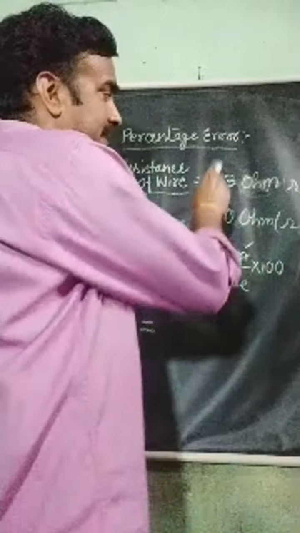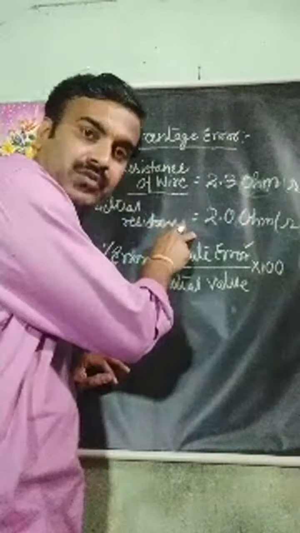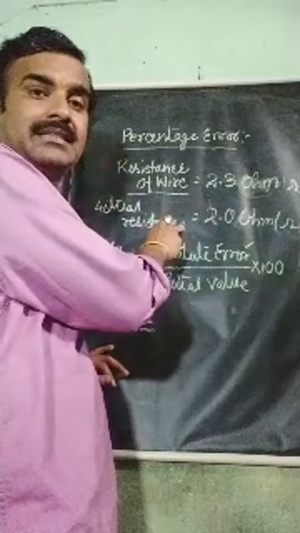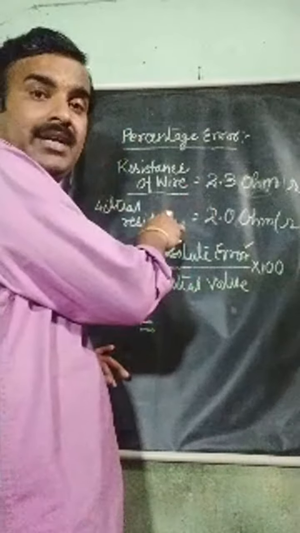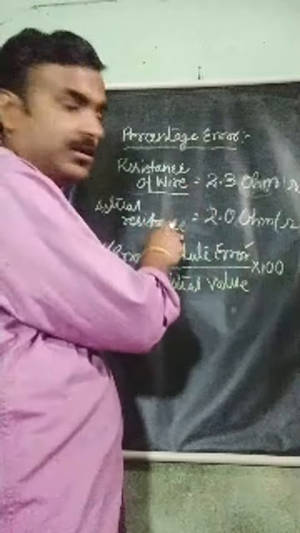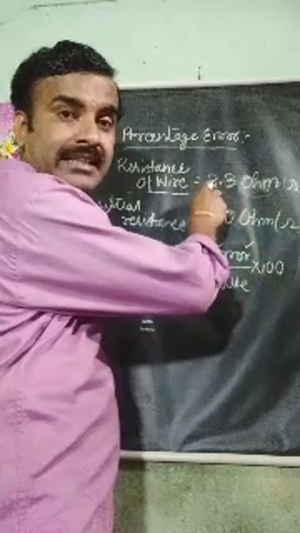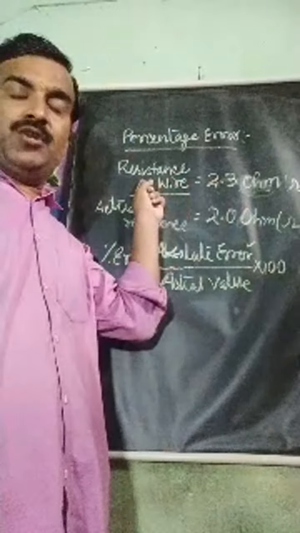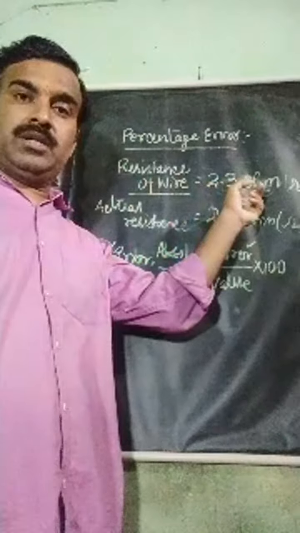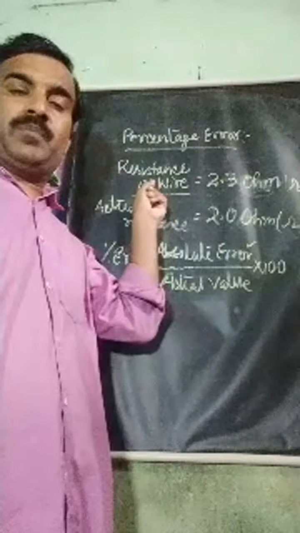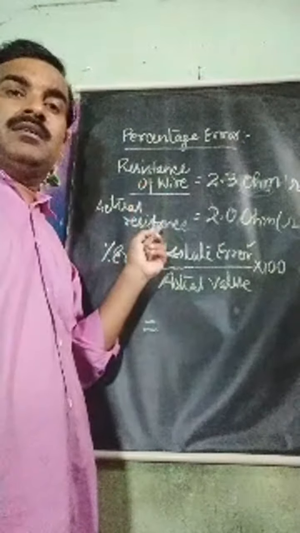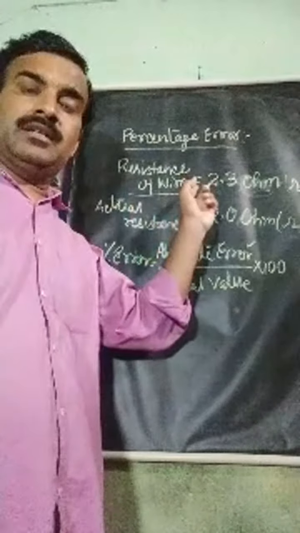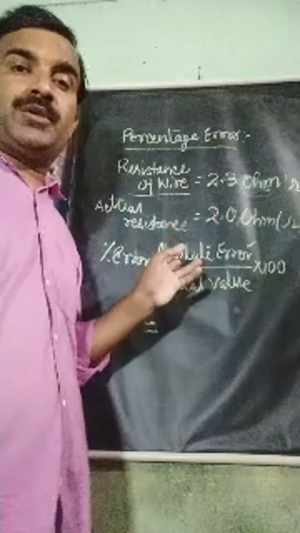Absolute error is the difference between the actual value and experimental value. Below one is the given resistance, 2.0 ohm, and this one is the experimental value. You have got 2.3 ohm. This one is the experimental value and this one is the actual value.